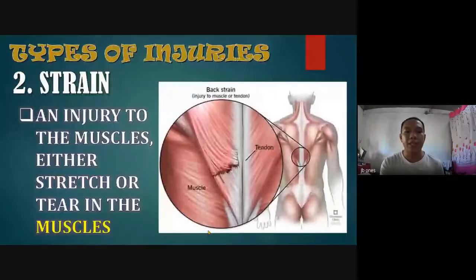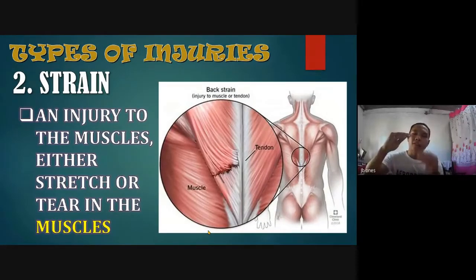Then the second type is we have the strain. This is an injury to the muscles, either a stretch or a tear in the muscles. The highlighted word is muscles, so muscles and ligaments are different. The end of the muscle is the tendon, which connects to the bone, and the bone connects to the joint through the ligament.